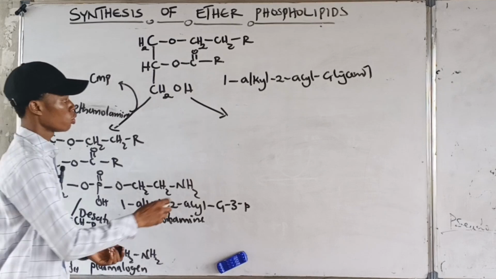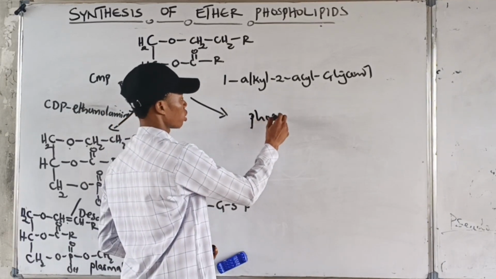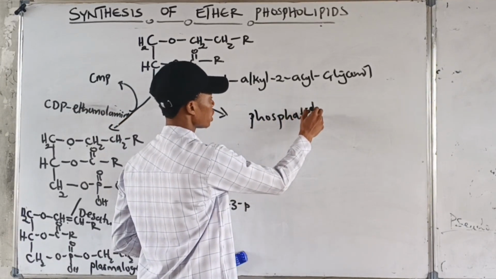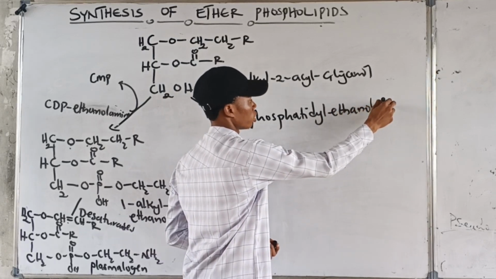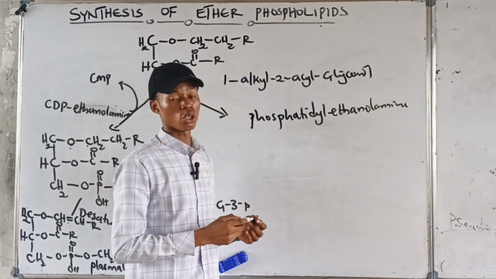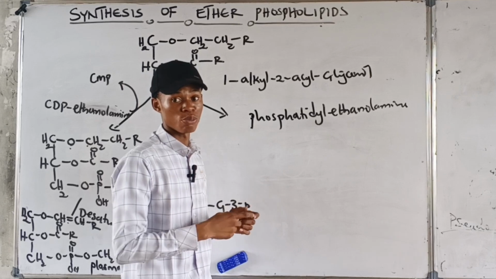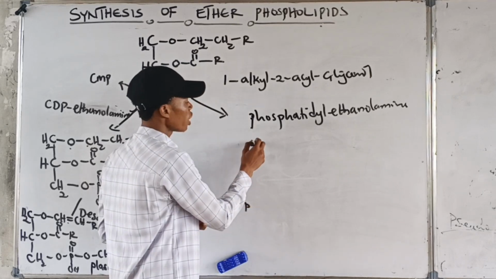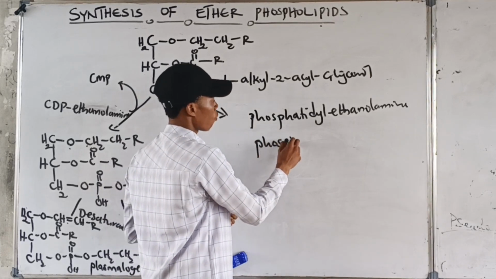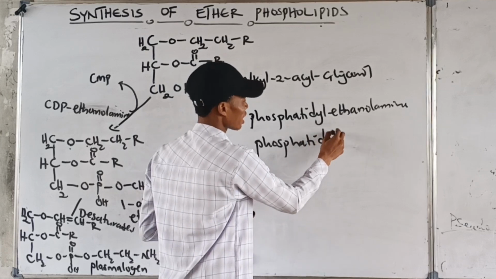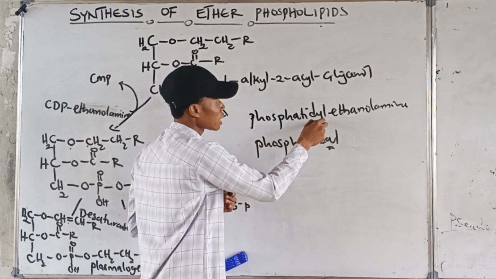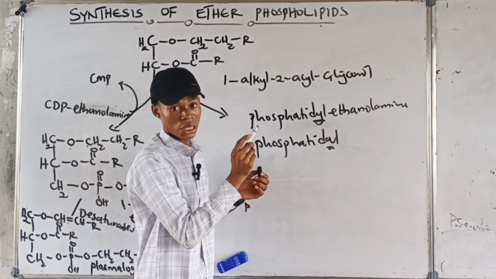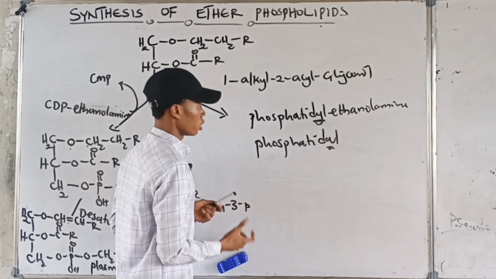Please take note if they say synthesize phosphatidylethanolamine, know that it is a glycerol phospholipid, that's an ester. But if you hear plasmalogen, know it's an ether fatty acid. If you hear phosphatidyl, know it's an ester fatty acid. Do you get that? All right.